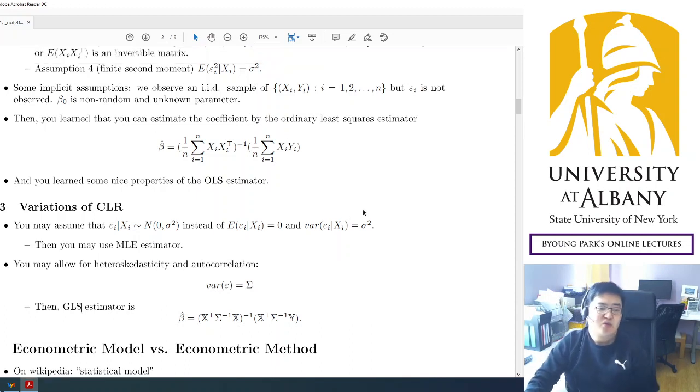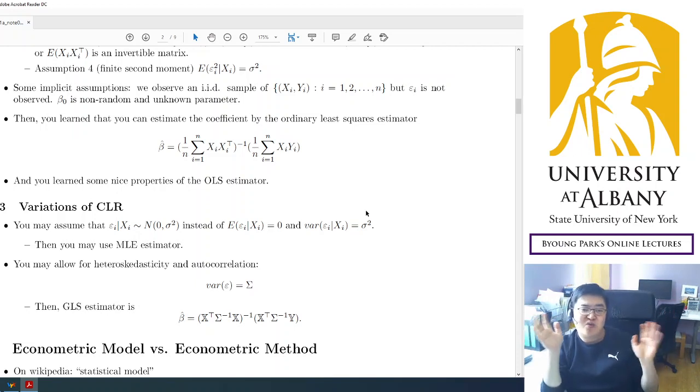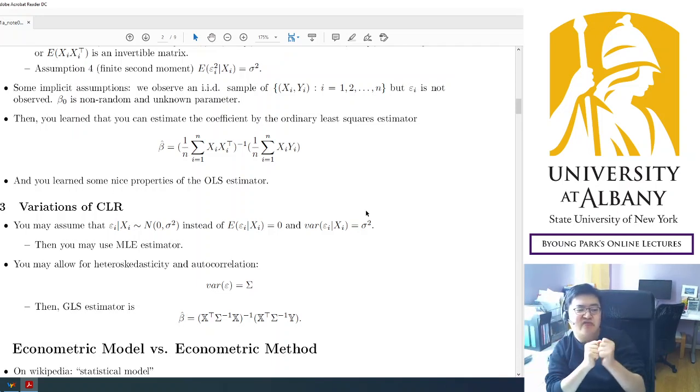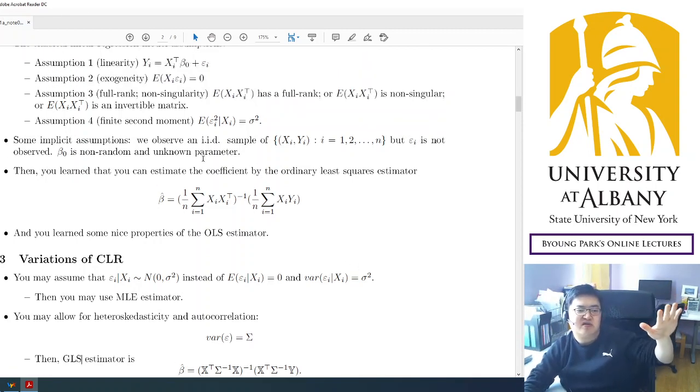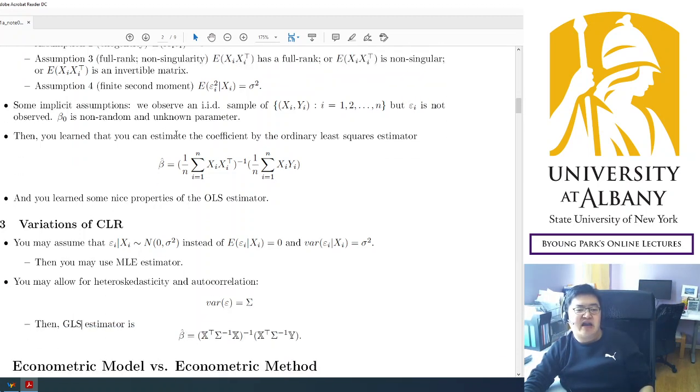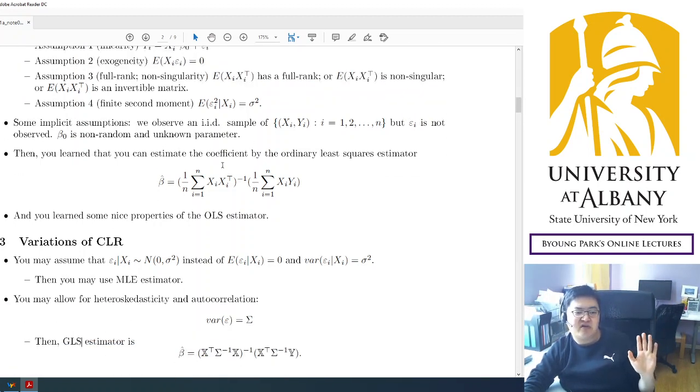Okay, so far I gave you a bigger picture: what you learned, what you need to know at this point, and some variations, how you can view variations of the linear regression model with respect to the standard assumptions. I have not discussed the details about the properties of the estimators OLS or GLS or MLE.